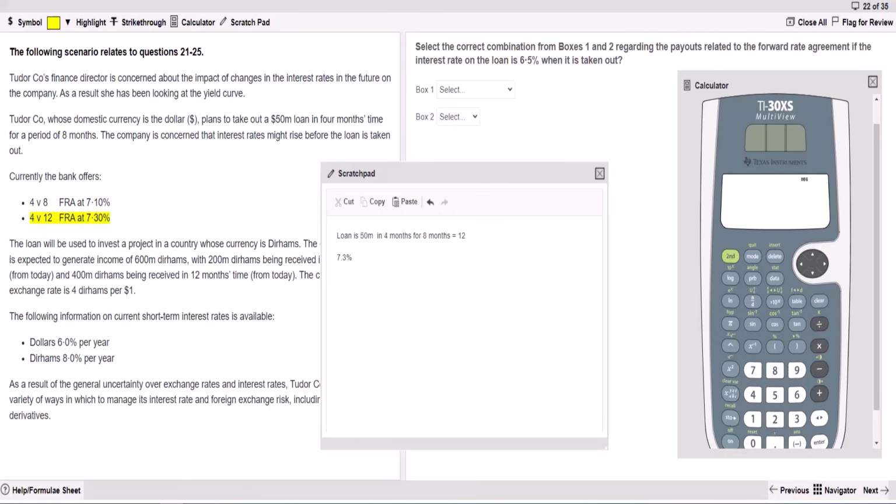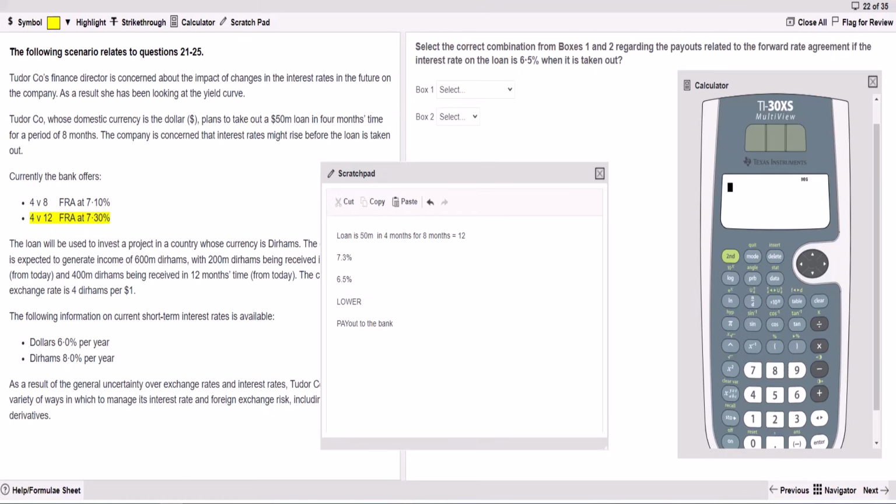Our loan is at 6.5%, which is lower. So we're going to have to pay out to the bank on the FRA because our loan is lower than the FRA. And what we'll have to pay out is the difference between the two rates.